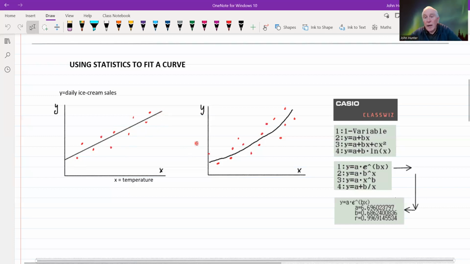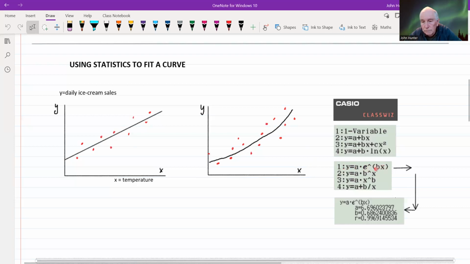Now, similarly, we may put all this data into our calculator, a different set of data here, and look at it and go, well, actually, it doesn't really look like a straight line, does it? Let's assume that this is an exponential curve, so we want to fit an exponential curve to this. In our calculator, we can choose this option. This is similar to what we saw before, isn't it? A times e to the power of bx.